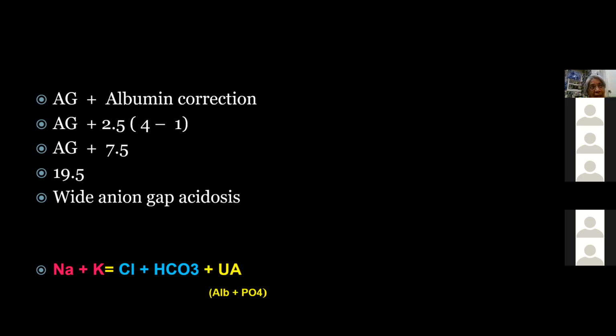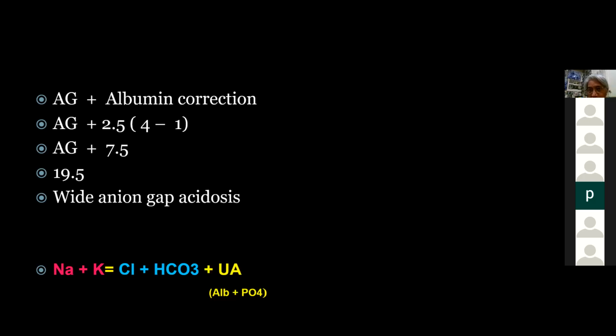So it may hide true other organic anions, and may spuriously appear normal, because to begin with it was low. Instead of the normal 12, it was only 8 because your albumin was low. And now there are some anions added to it and it becomes 12. So it looks as if it's normal, but that was because to begin with it was low because of serum albumin. So never forget to correct for albumin.